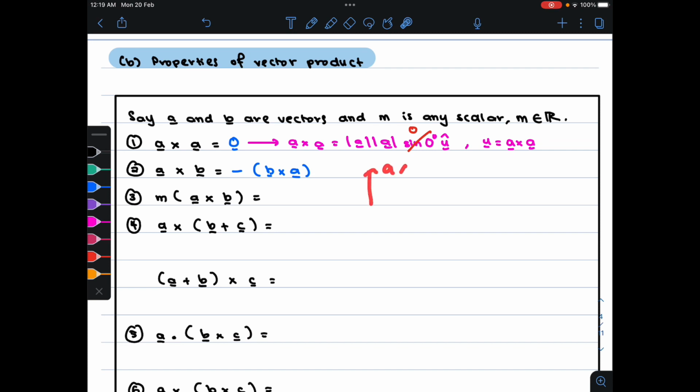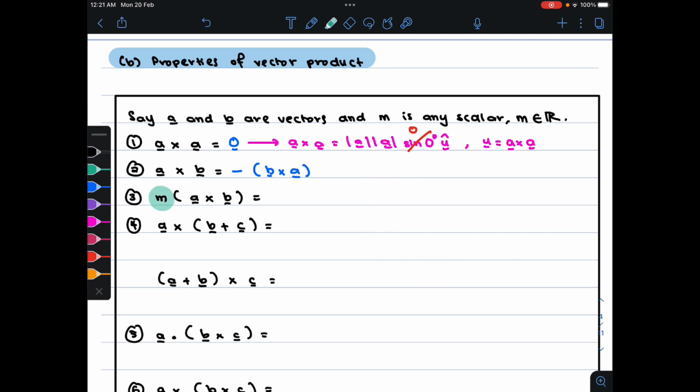Say that A cross B goes upward, therefore B cross A will be in the opposite direction. Therefore, this is actually negative A cross B.